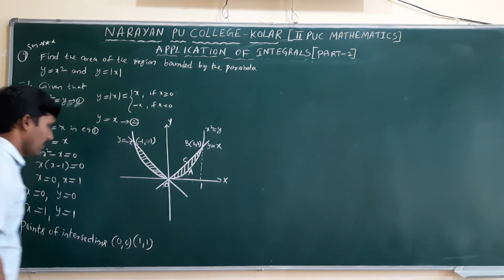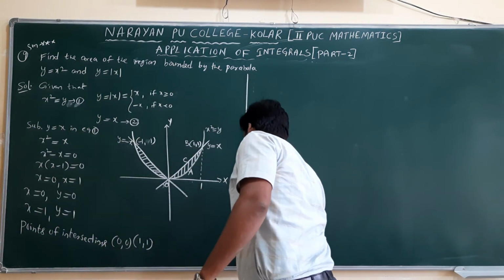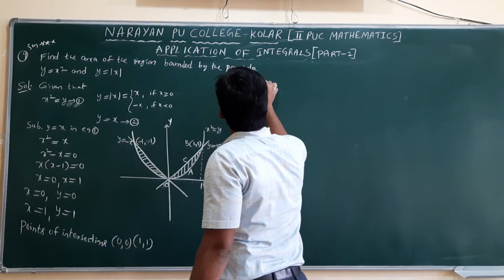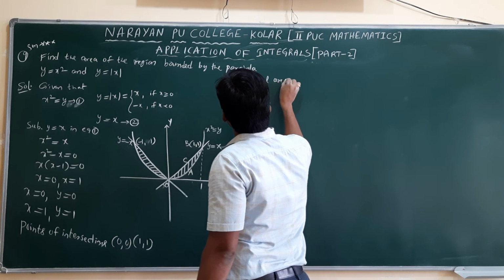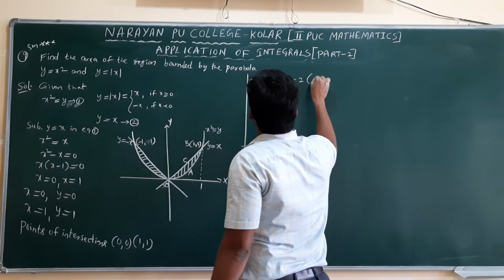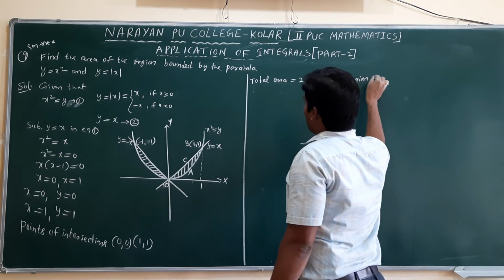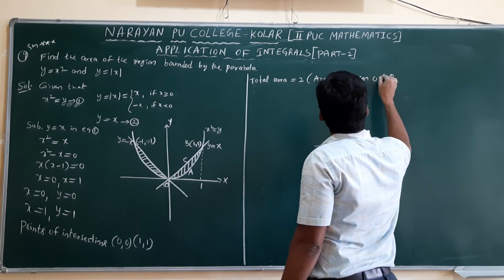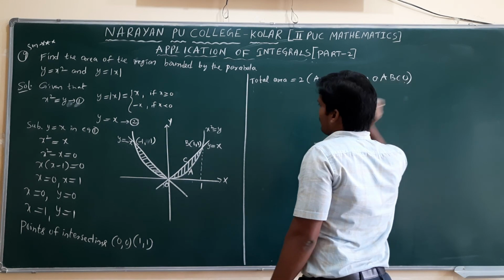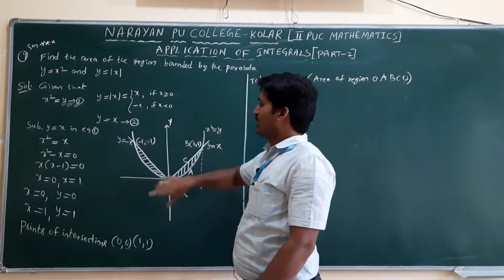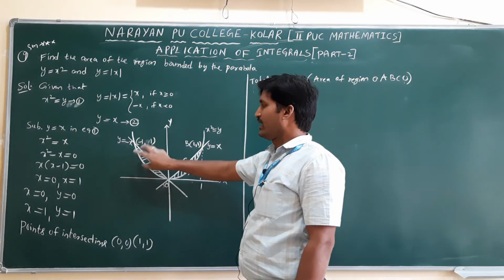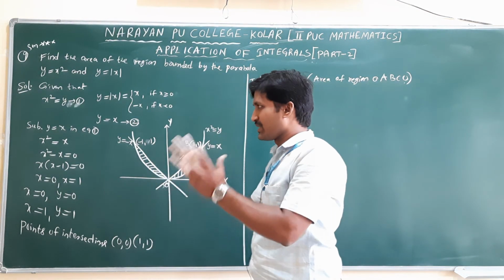The same region we will get, but upper is a line and lower is a curve in this case. That's why, to find the total area, equal to 2 times the area of region OABCO. This area is also required, but we don't need to find this one separately because this area and this area are symmetric to each other.